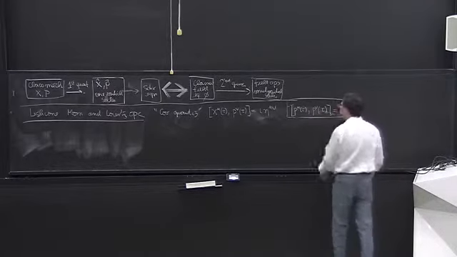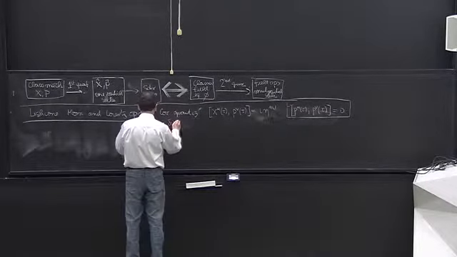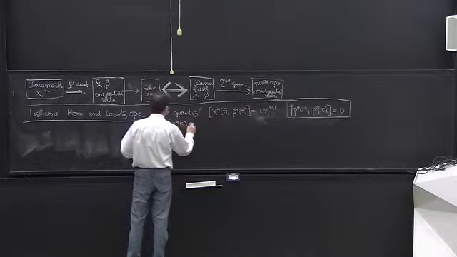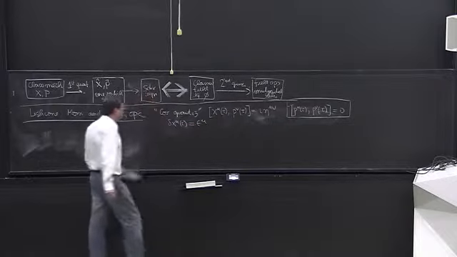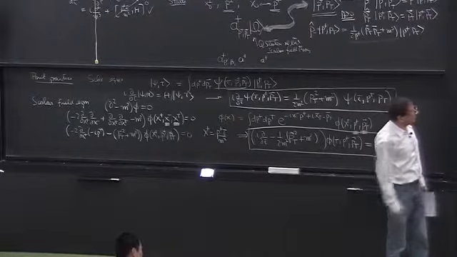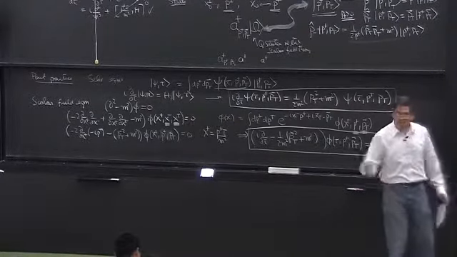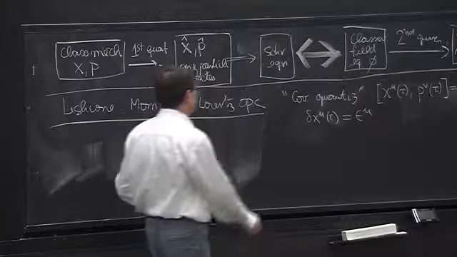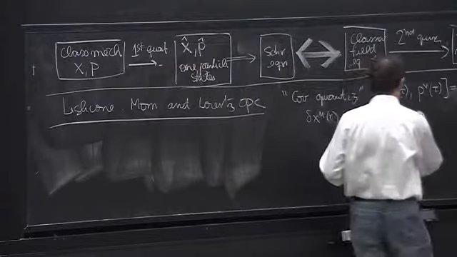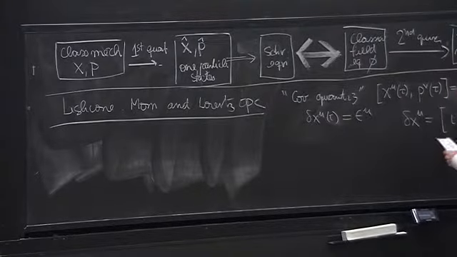So how do momenta generate translations? Delta x mu of tau, say equal to epsilon mu. In a quantum theory, any symmetry transformation like this, the translations of a free point particle, is generated by commutators. So we claim that delta x mu can be obtained by commuting a momentum operator with x mu.